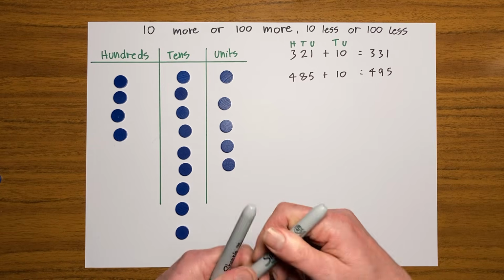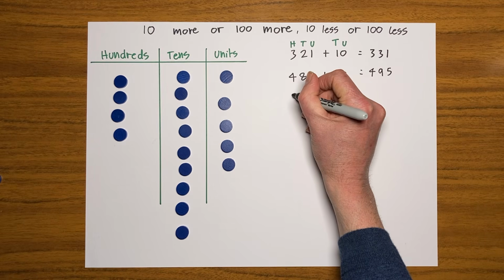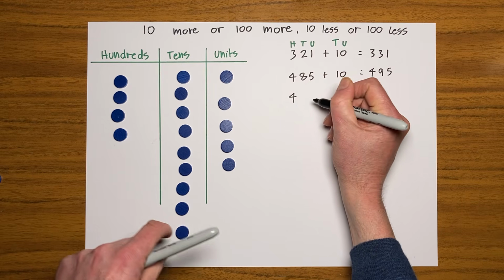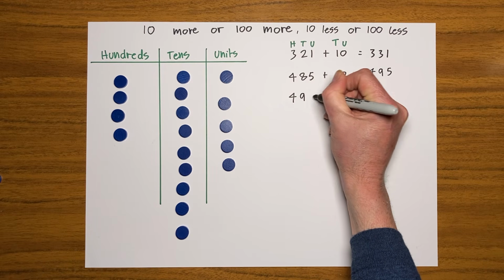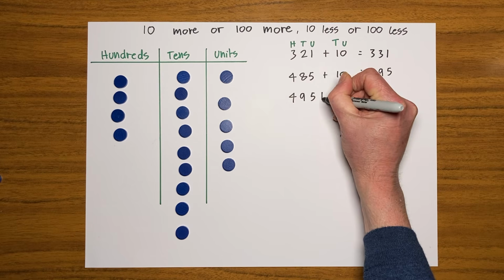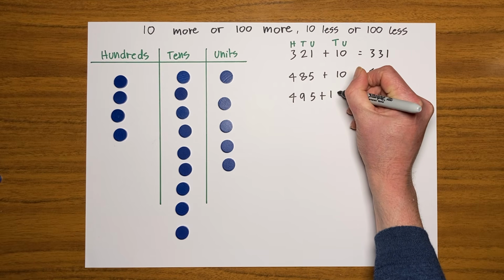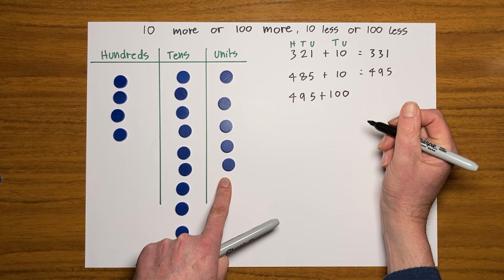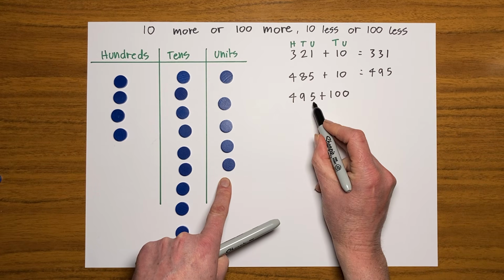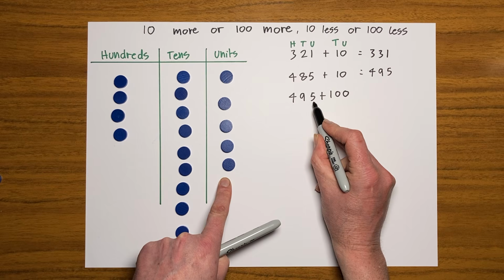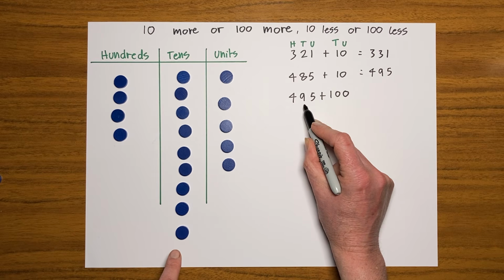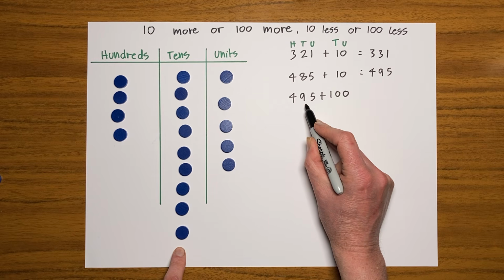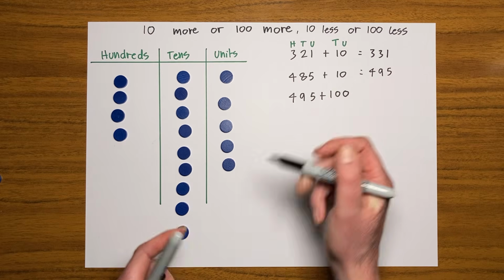And this is just the same if we were adding 100. So let's keep with that. I've now got 495. This time I'm going to add 100. Well, I'm not adding any units, so that's not going to change. The 5's not going to change. I'm not adding any tens, so that's not going to change, but I am adding 100.